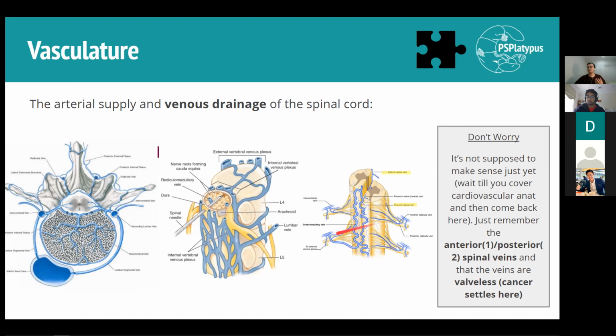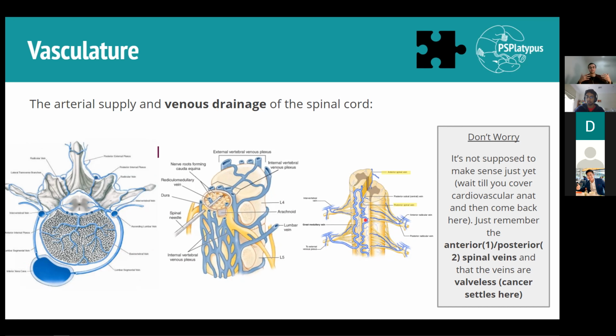We explained that in the notes as well in detail, explaining the actual mechanism. But say, for example, there's a cancer in the prostate, right? The prostate is connected to the vertebral column. Because this venous system doesn't have valves and it's in the midline, it's got equal pressure from both sides coming into it.